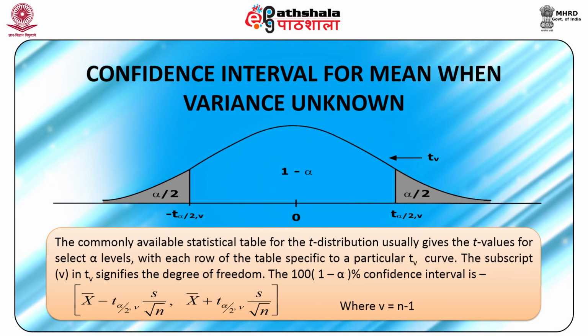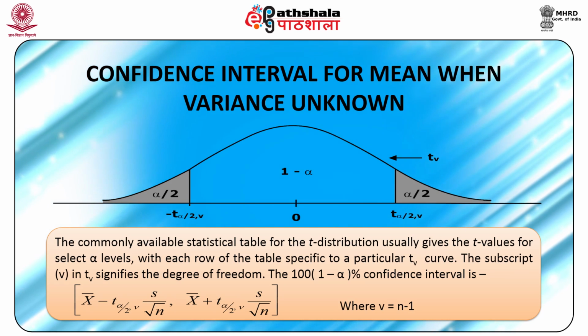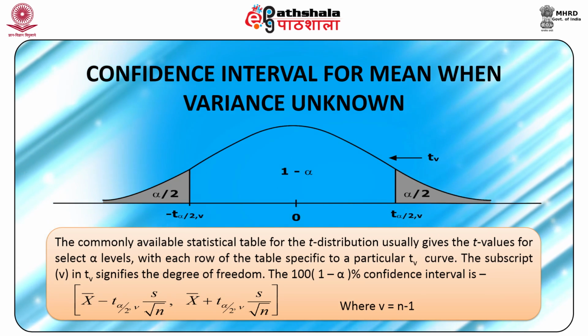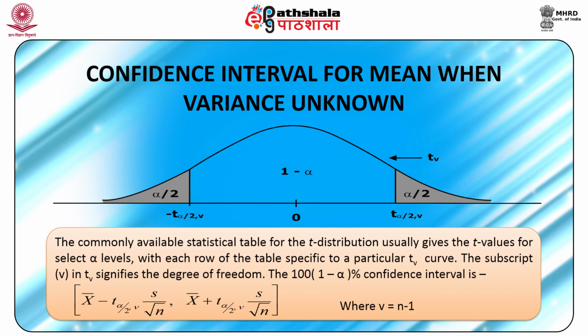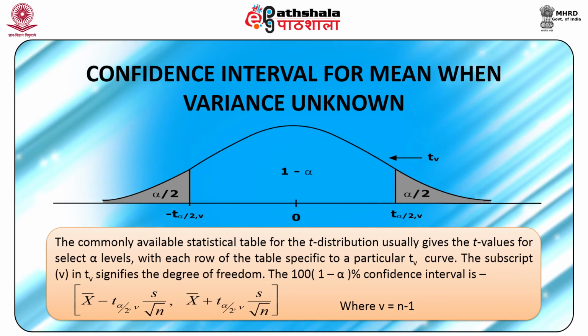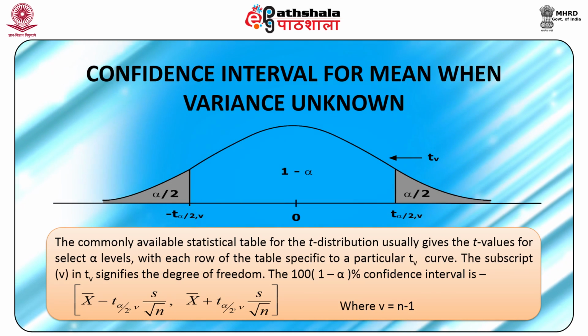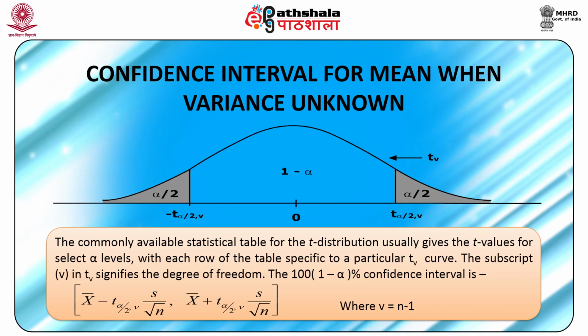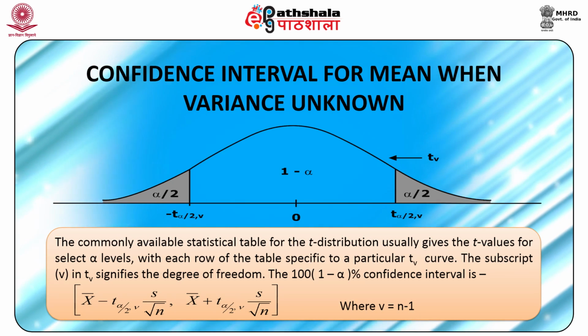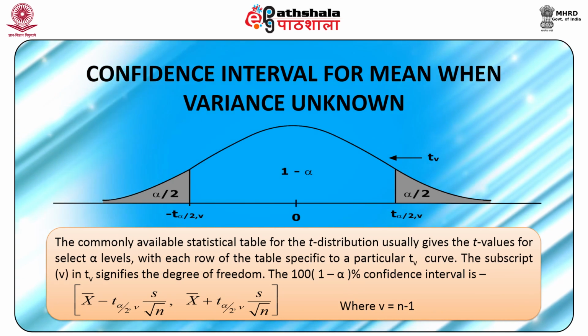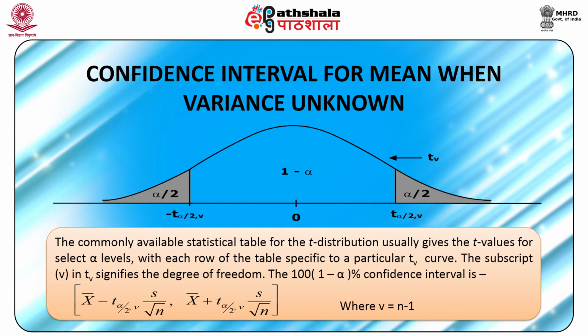A typical t curve is shown in our figure 5, in which you can see it is centered around 0, and we have t alpha by 2, nu and minus t alpha by 2, nu, and the area between these upper and lower limits is 1 minus alpha. So this is our figure for a t distribution with nu degrees of freedom.